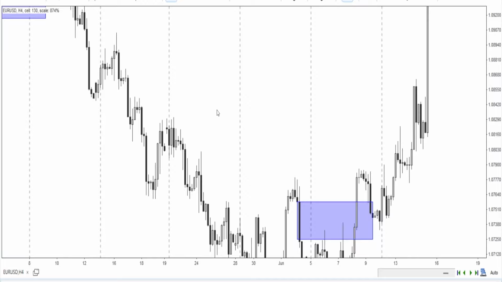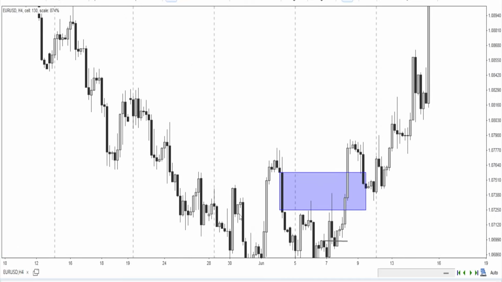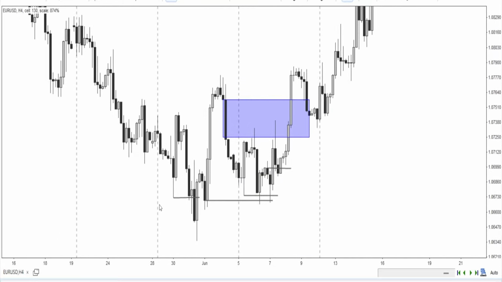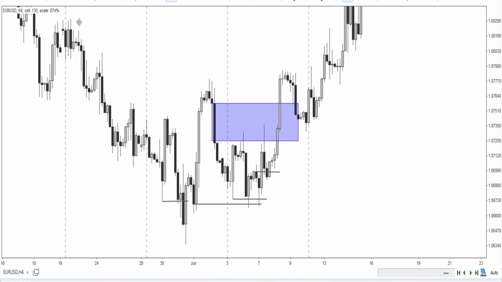But accumulation has not been done yet. So you cannot anticipate a distribution phase early on. You anticipate a distribution phase when there are multiple stop runs so that positions are accumulated. Then you can anticipate a distribution to the high time frame DOL.